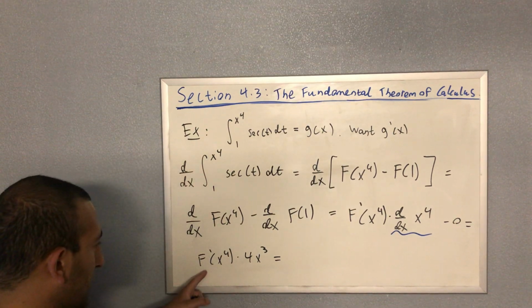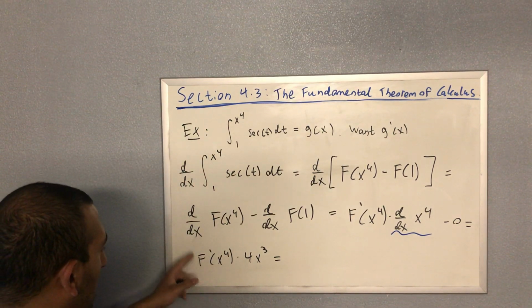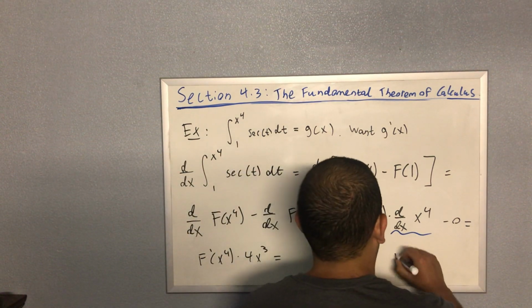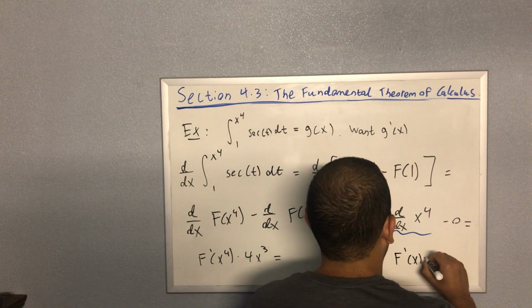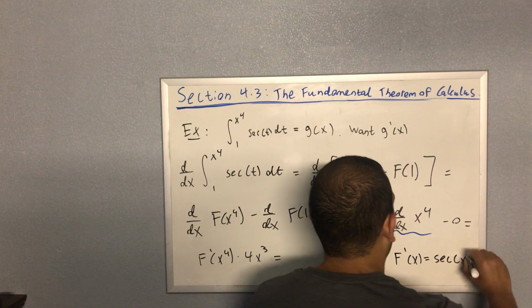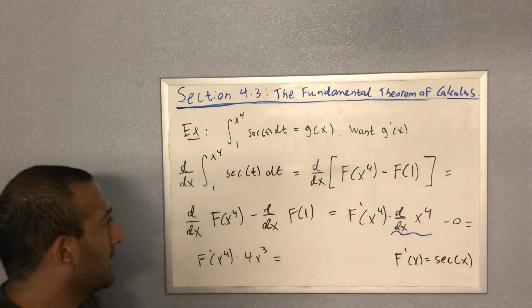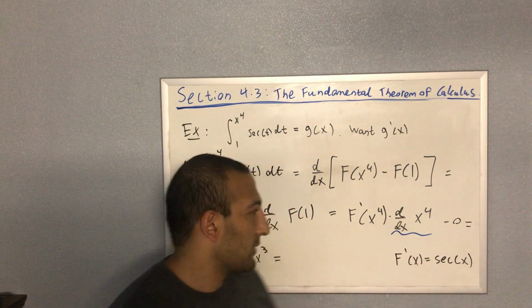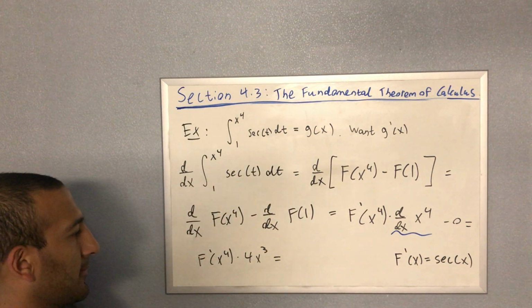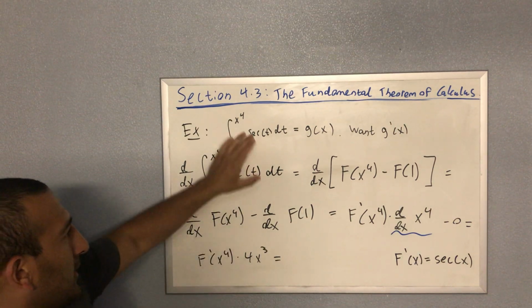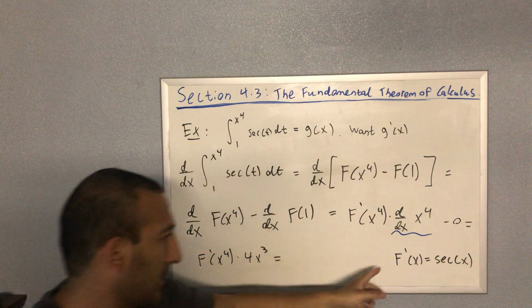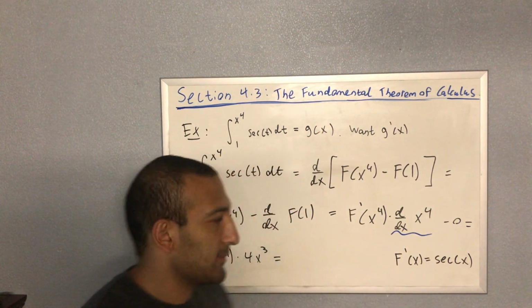And then last but not least, what did we talk about? We said that f prime of x is just secant of x, right? That's from FTC1. The derivative of the antiderivative is the original thing. So this in some sense was the antiderivative, so when you take its derivative, you just get secant x back.